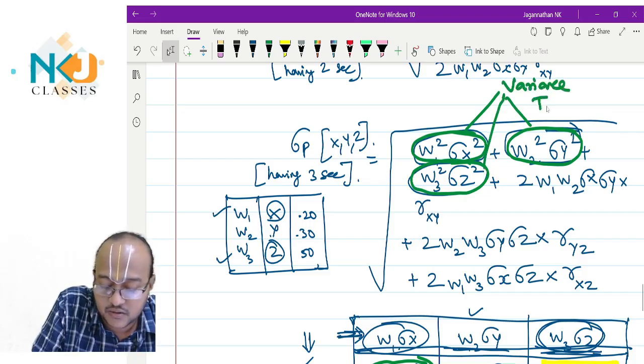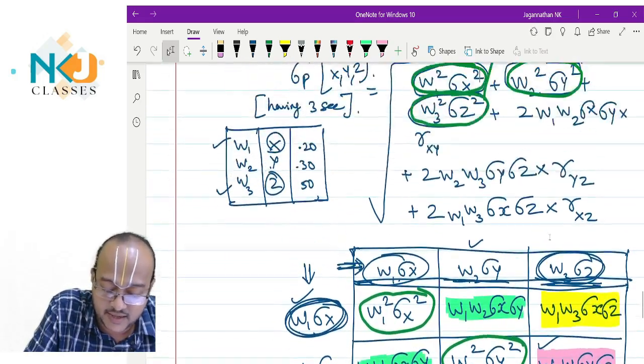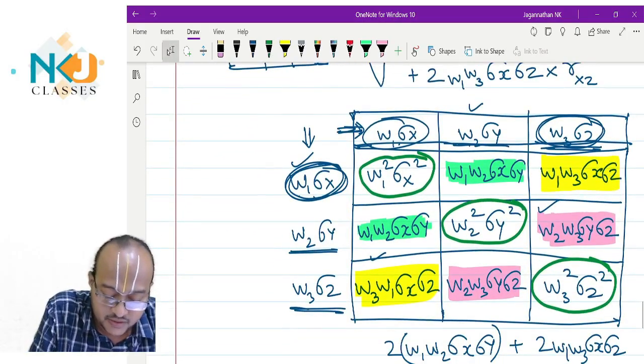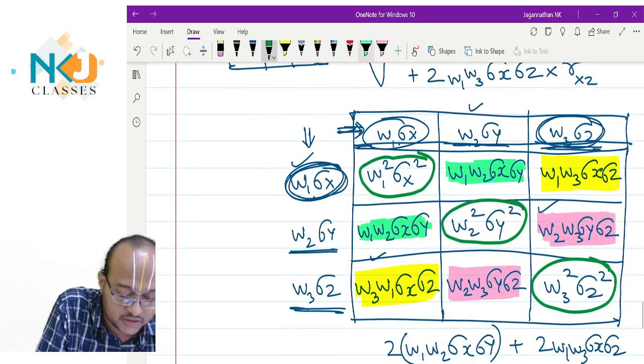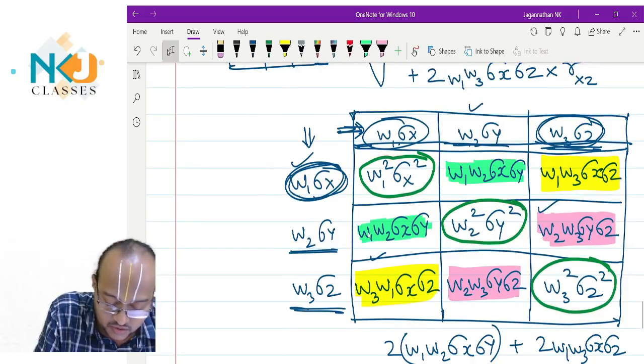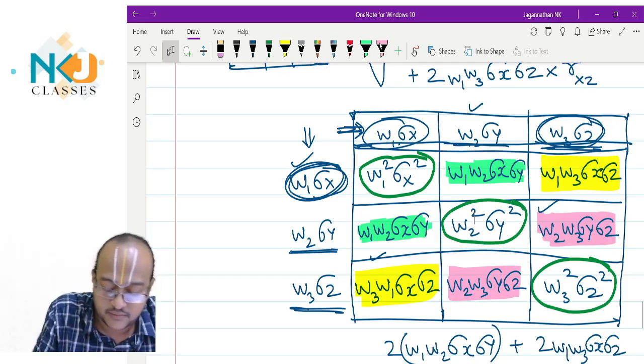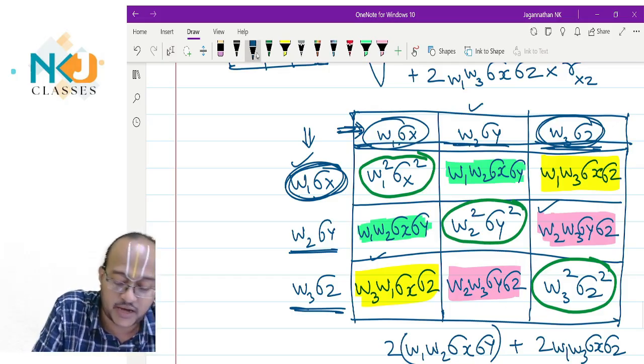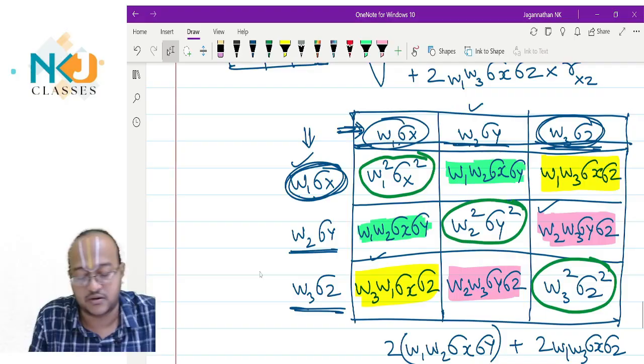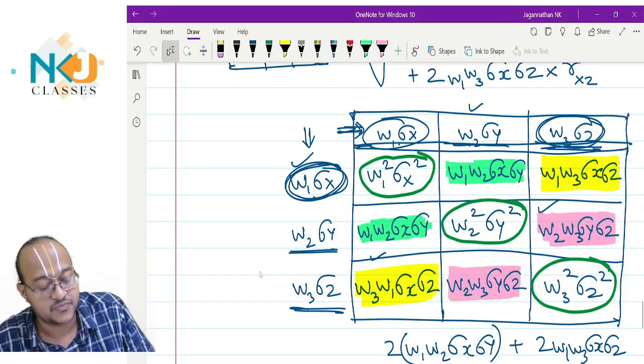Are you understanding? And other 6 terms are there, na? The green ones, the pink one, and the yellow one. All these I tell it as covariance term. Are you understanding?